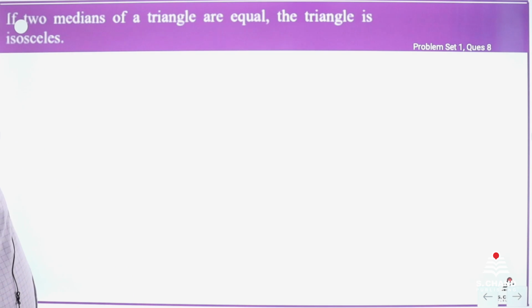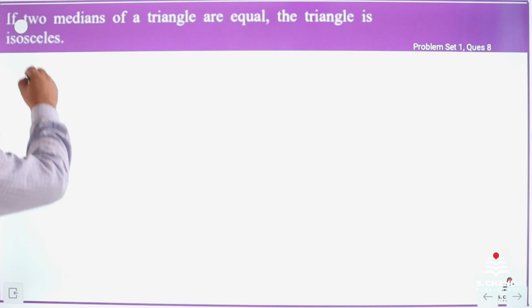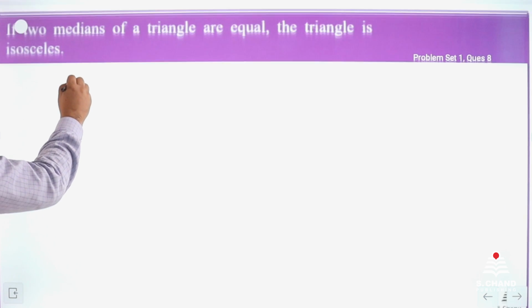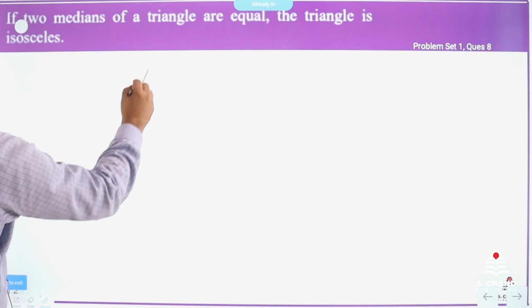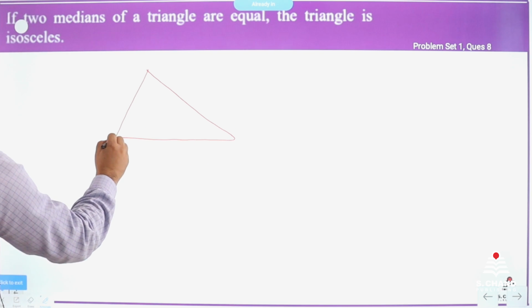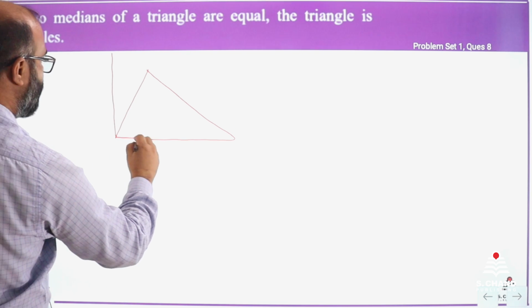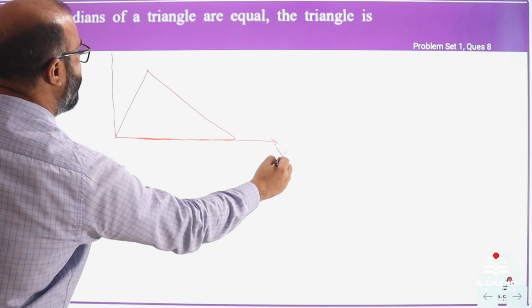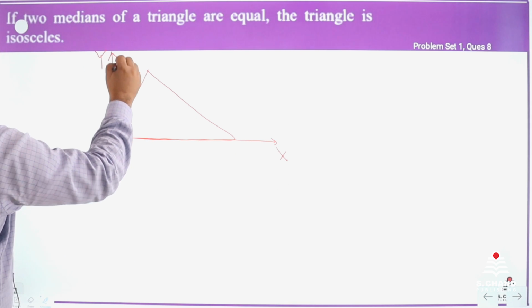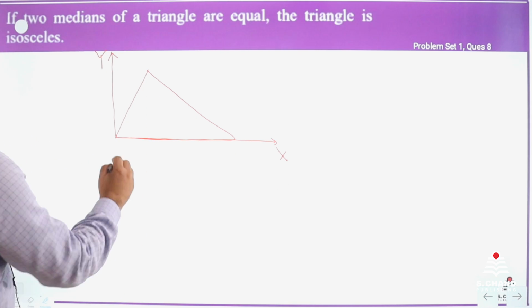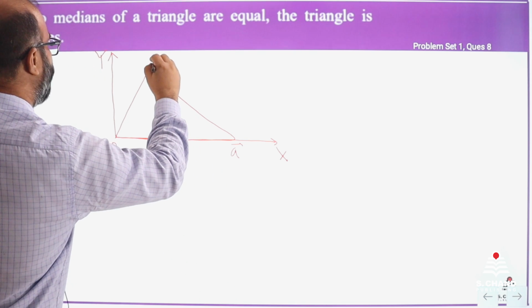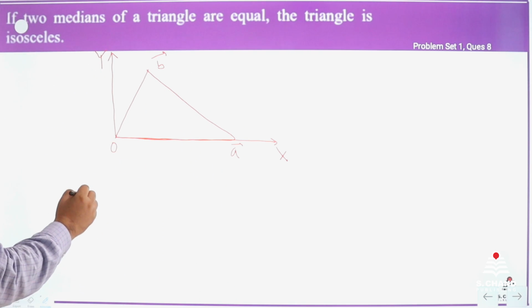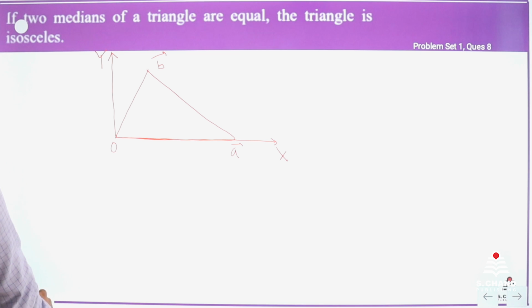If two medians of a triangle are equal, the triangle is isosceles. So if we have two medians of a triangle, so we have a triangle like this, and let us take these as the axis, x axis, y axis, as we can take in the xy plane. This is the origin, this is the position vector A, and this is the position vector B. Now the two medians could be taken like this.